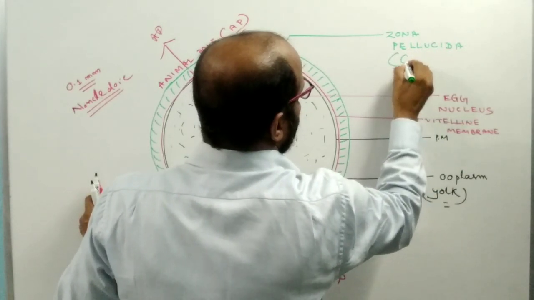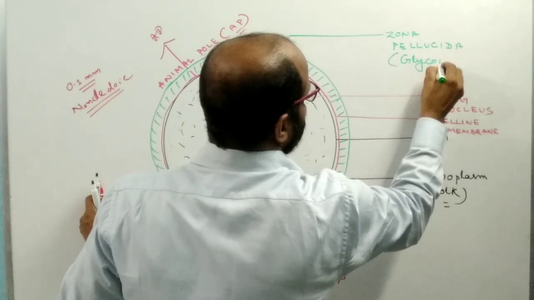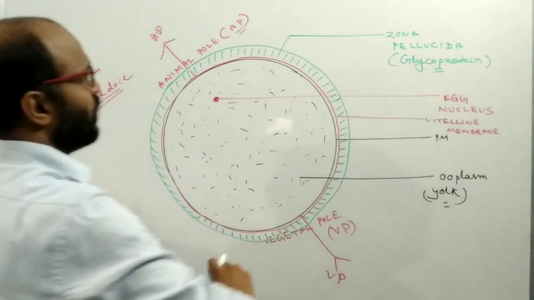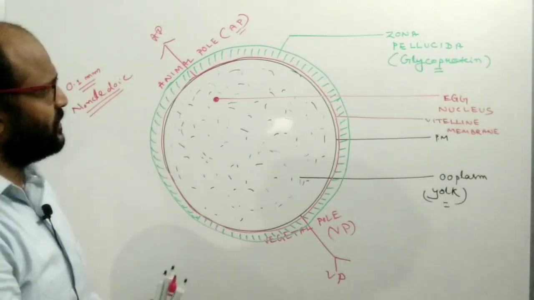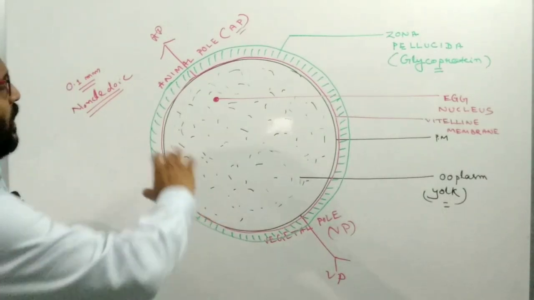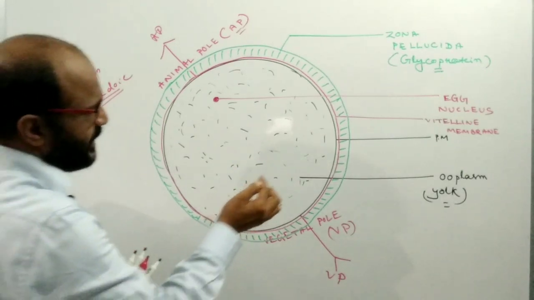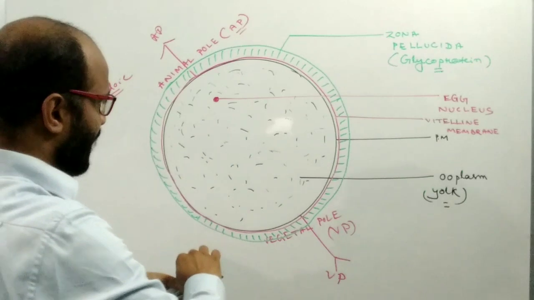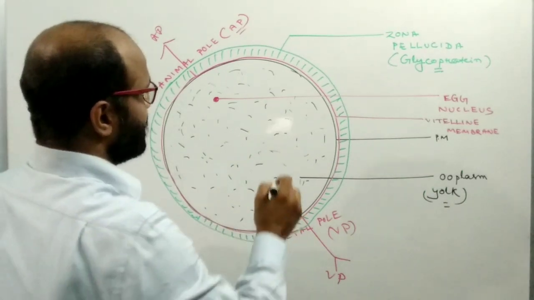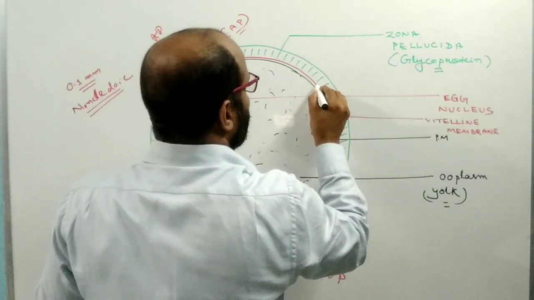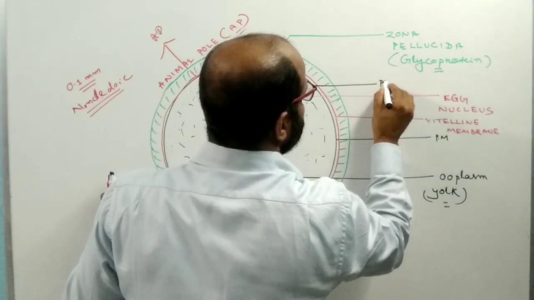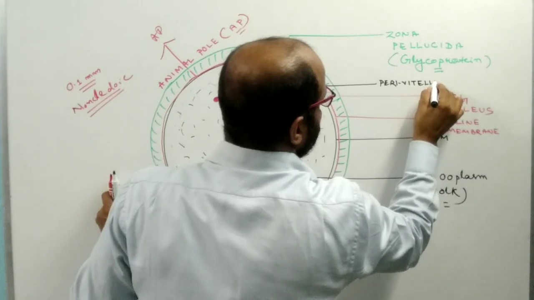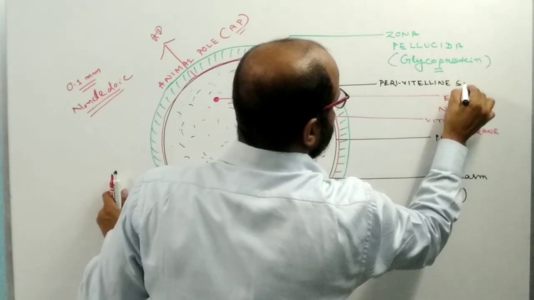This is made up of glycoprotein. In between the zona pellucida and the vitelline membrane there is a space, which is known as the perivitelline space.